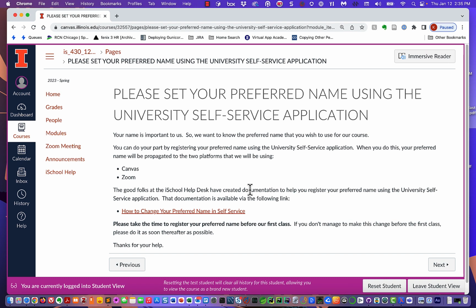Okay. Please follow this link and go to the instructions on how to change your preferred name using the university self-service applications, such that your name on Zoom and on Canvas will be the name that you prefer.